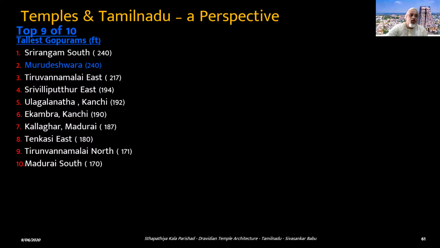If you see the list, except Murudeshwara, which is a very 20th century construction, all the gopurams, which are the specialities of Tamil Nadu, the tallest ones are in Tamil Nadu only. The largest one is the Srirangam one, very recently completed in the 1990s. Except that, all these have been there for ages, from 1400 plus.